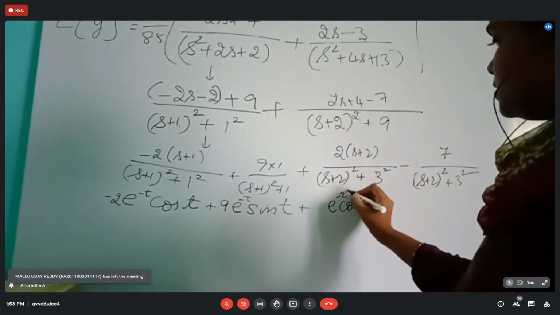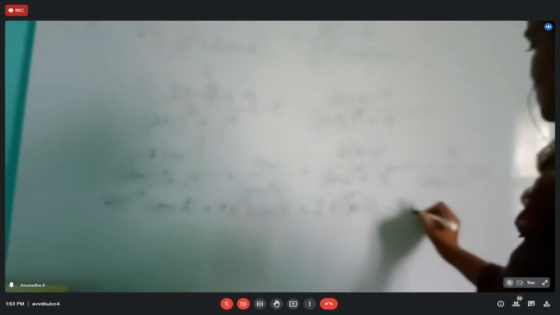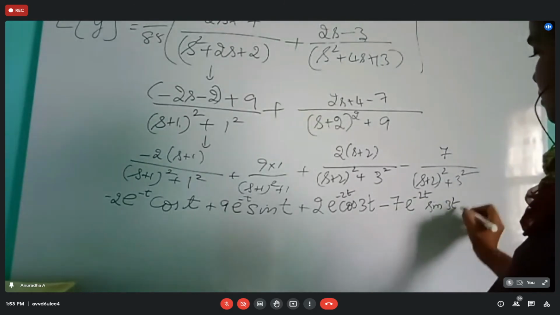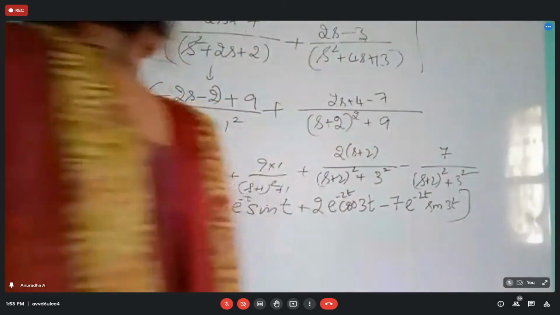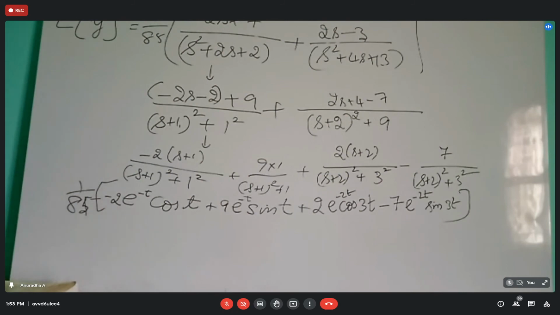Then e power minus 2t, 2 is there. Minus 7 times e power minus 2t sin 3t, the whole 1 by 85. This 1 by 85 will come outside, linearity property. So this is the answer for y.